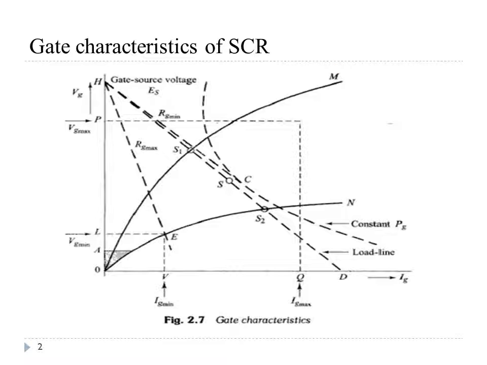The operating point S, which may change from S1 to S2, must be as close as possible to the permissible PG curve, and must be contained within the maximum and minimum limits of gate voltage and gate current. We can say that ES equals OH.